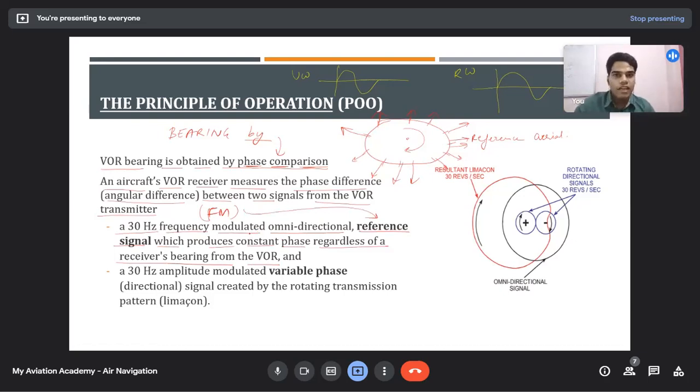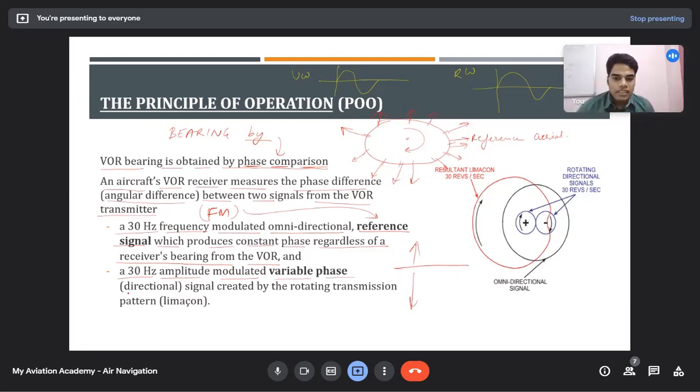I think you remember FM as something else also. So FM is frequency modulated and it's the reference signal. Whereas the second part is 30 hertz amplitude modulated. So what's the difference between the reference and the variable? This one is amplitude modulated. I hope you remember what amplitude is. Amplitude is the highest displacement, correct? So this one is the modulation in the amplitude.